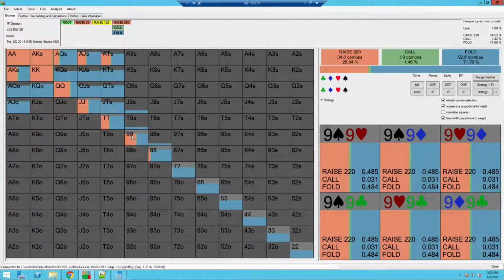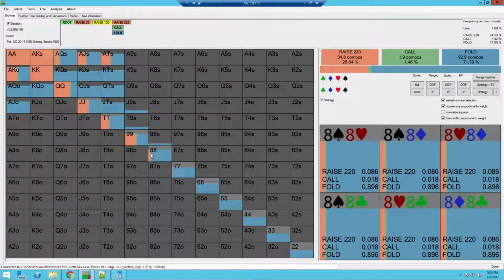Certainly if you took time to pause and go back and forth in the video, you could see what those frequencies are, or judge how far a raise cap goes across these different boxes. I'm not sure that this exact analysis is necessarily too valuable in the live game, because I don't think many players are thinking about their ranges and what the bet sizing means and how that interacts with the opponent's range.